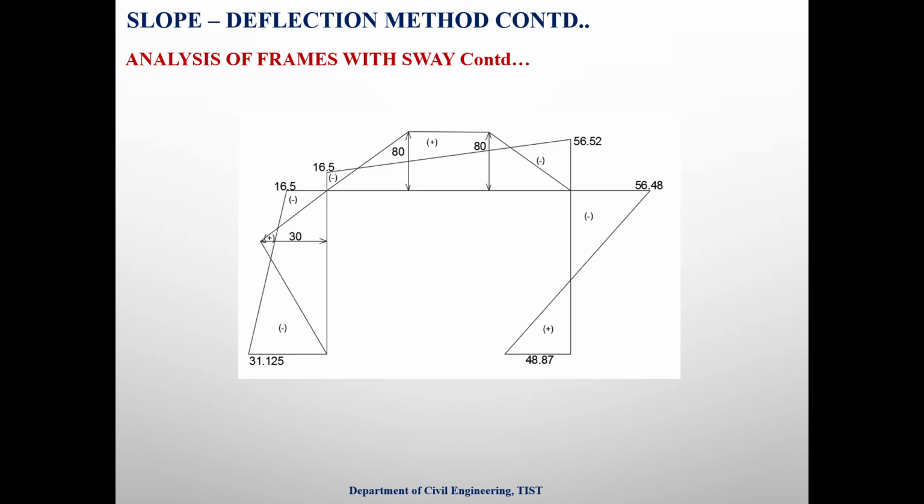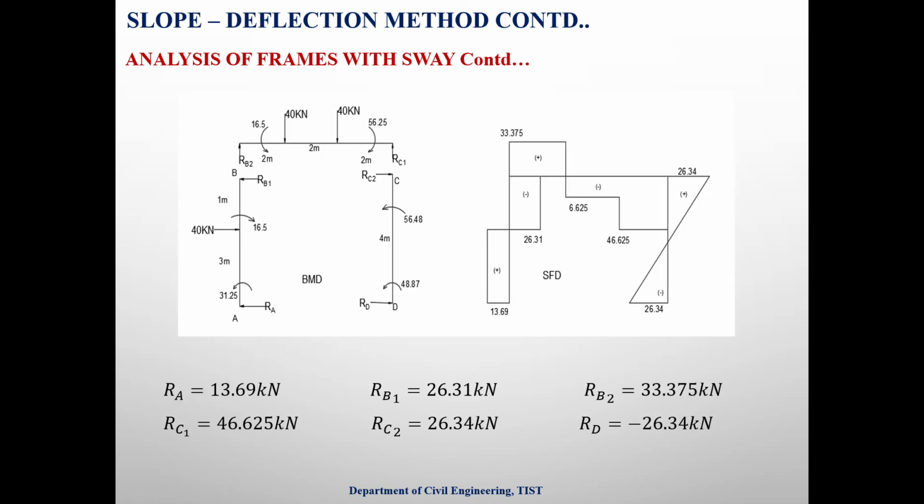After getting the final moments, please draw the combined bending moment diagram. Firstly, draw the free bending moment diagram. Then draw the fixed bending moment diagram, as we discussed in the previous lectures. Then find out the support reactions by considering the free body diagram of all the beams.